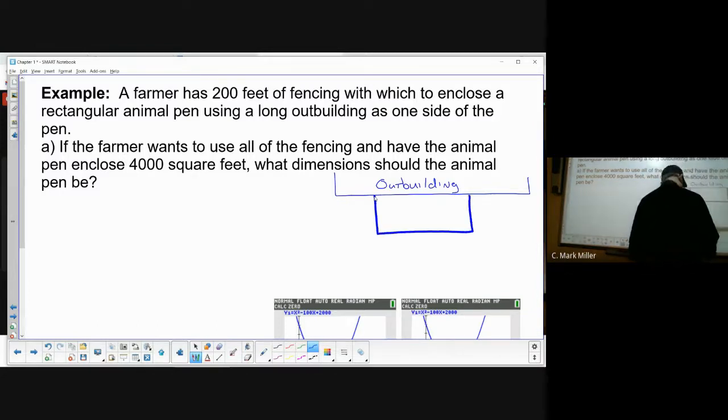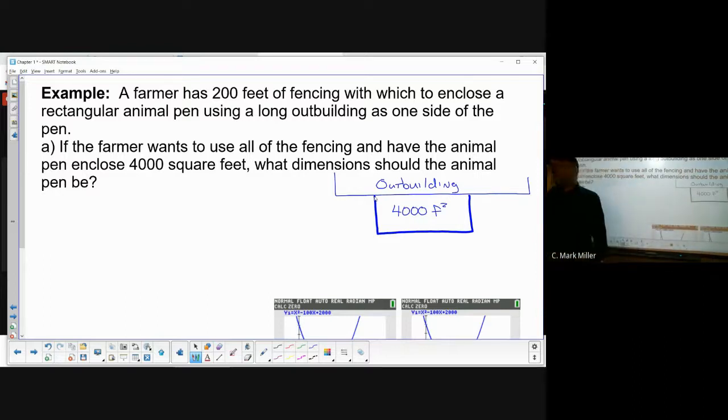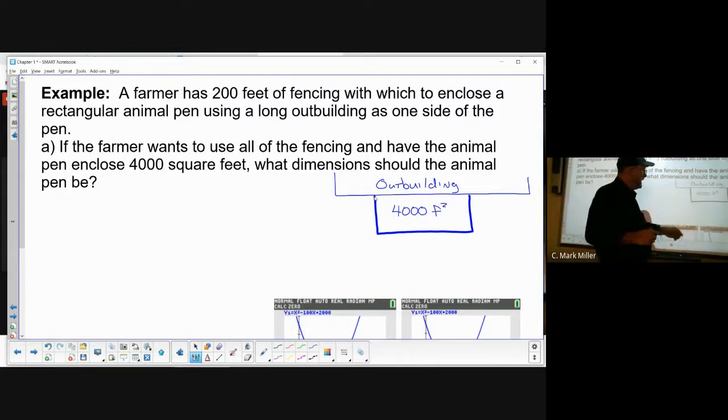And inside here is 4,000 square feet. Okay. Question. I have 200 feet of fencing. What determines my area?